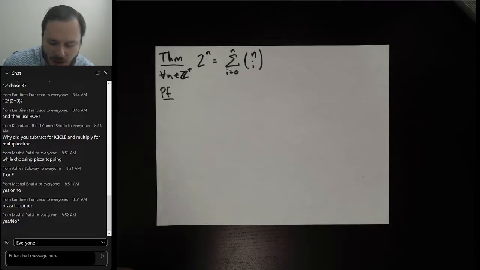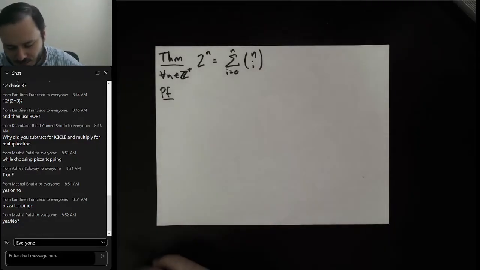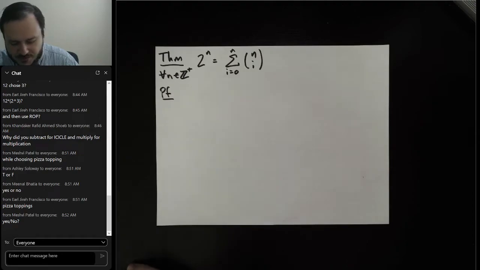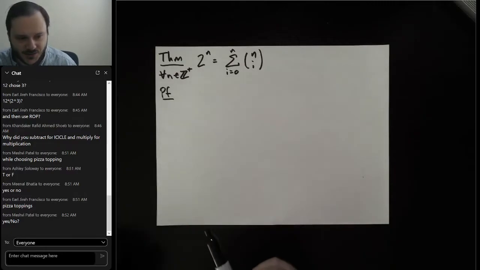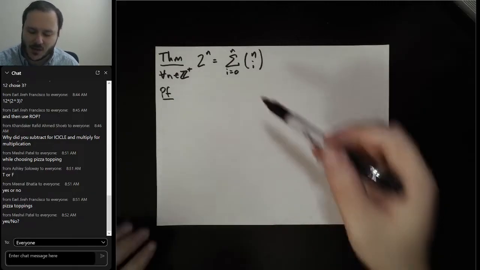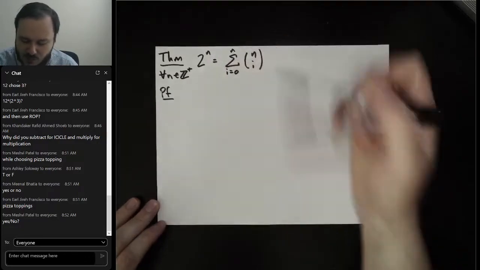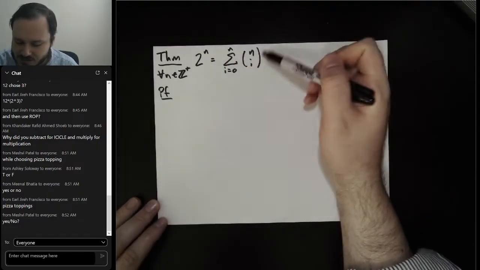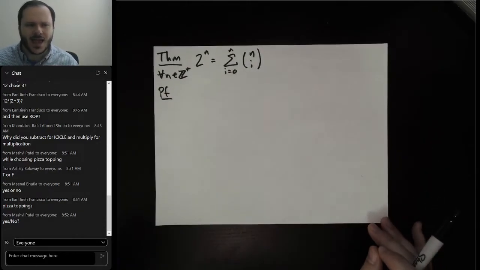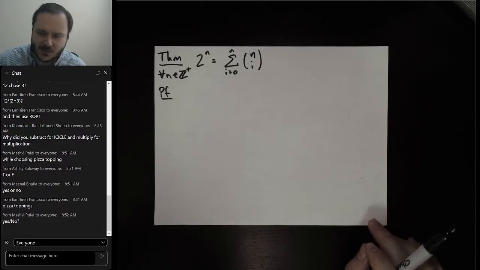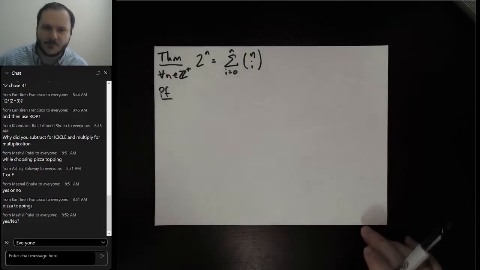So remember, way back on Thursday, a whole week ago, we were trying to figure out how many different pizzas there were. There were 37 toppings, and we decided the clever way of thinking about it was to go through each topping and decide yes or no. That counts the total number of pizzas, so somehow this should also be counting the total number of pizzas. And we had this other idea for counting the number of pizzas, and it didn't work out at the time.